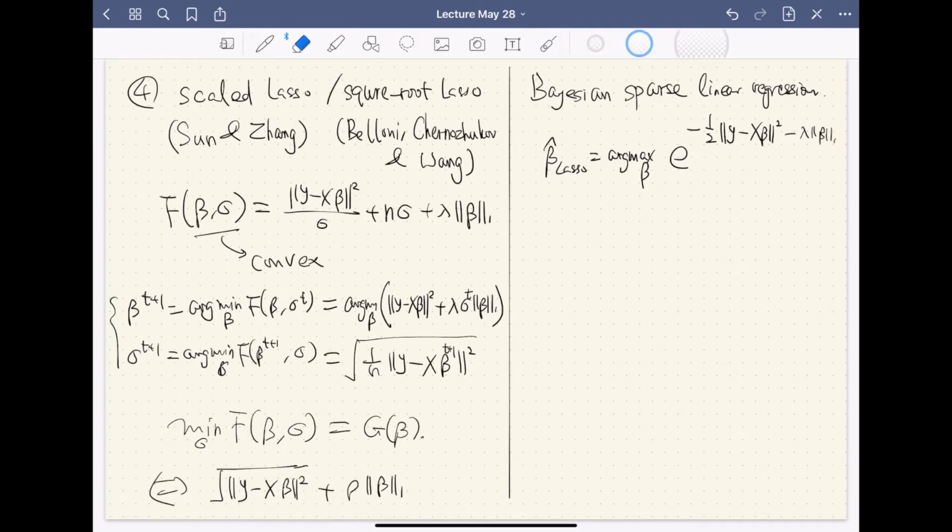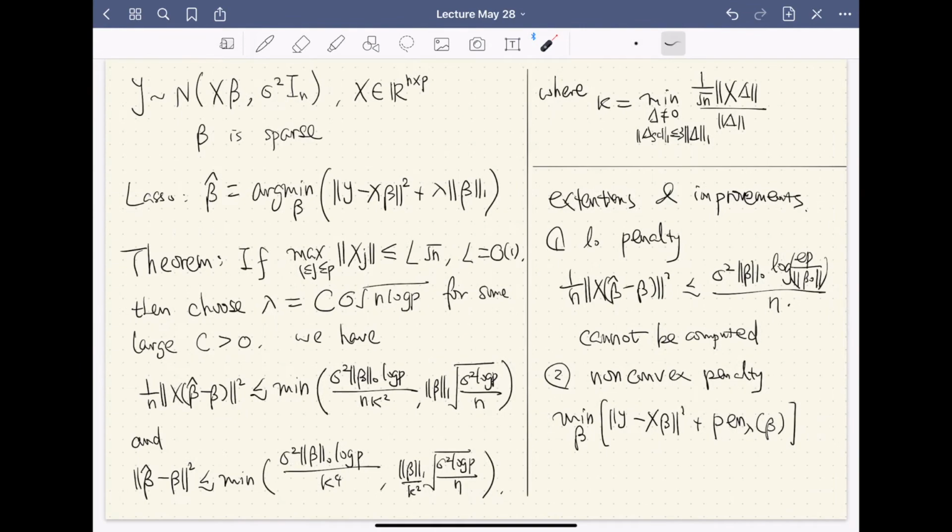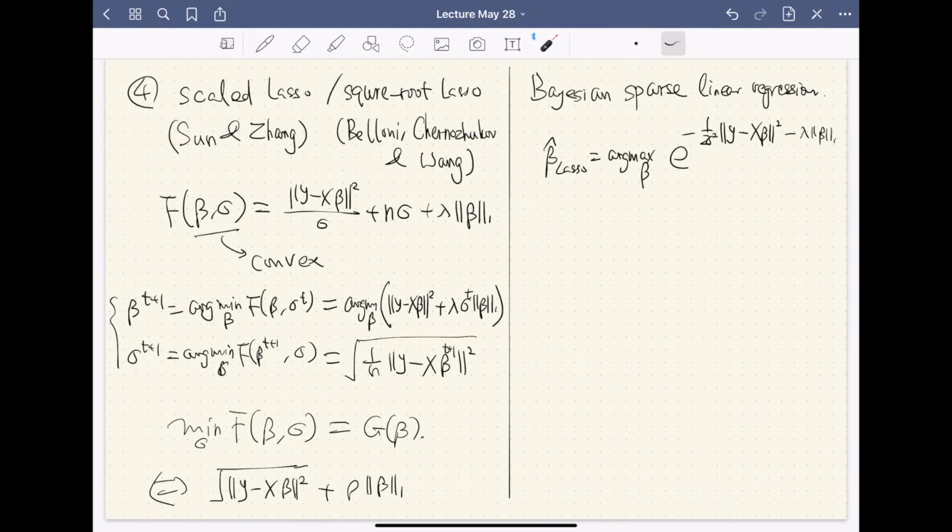So you can write it in an equivalent way. Then the first term is the likelihood of the data generating process, right? So you can actually view the L1 penalty as a Laplace prior put on the regression coefficient, and the Lasso estimator can be viewed as the posterior mode of the posterior distribution induced by the Bayes formula.